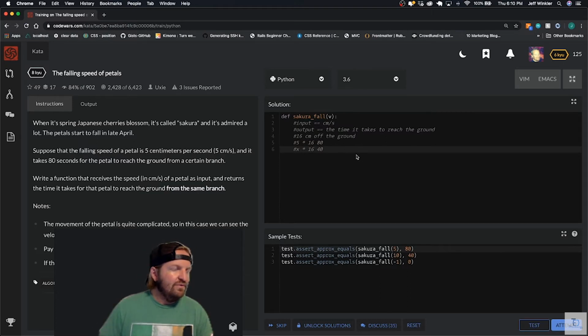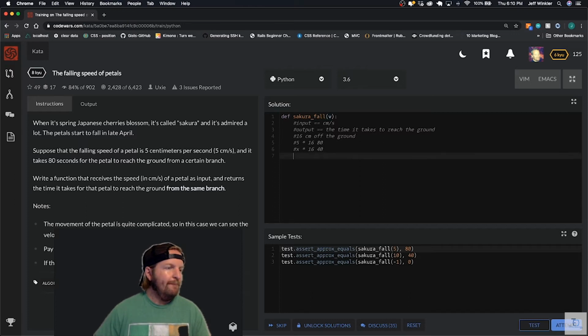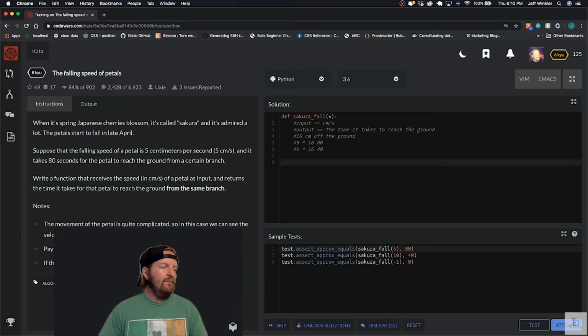Alright, so let me walk through this. We are given an integer. Let's call it speed of falling, and that's v.